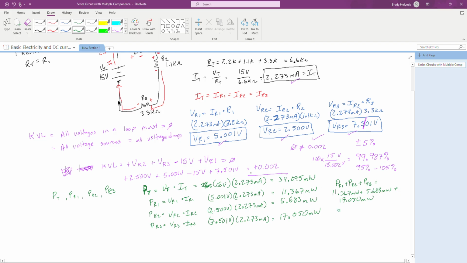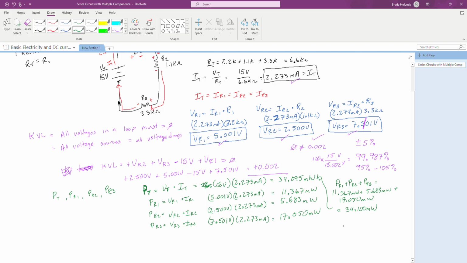So when I combine all of my outputs, all of my loads, all of my resistors, however you want to look at it, I got 11.367, 5.683, and 17.050, that gives me a grand total of 34.100 milliwatts.